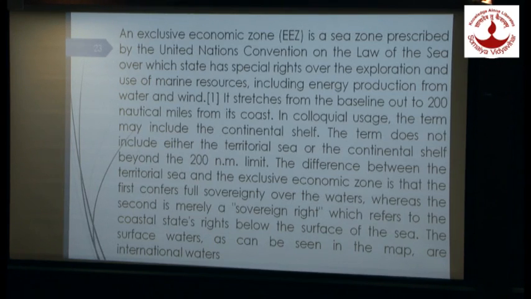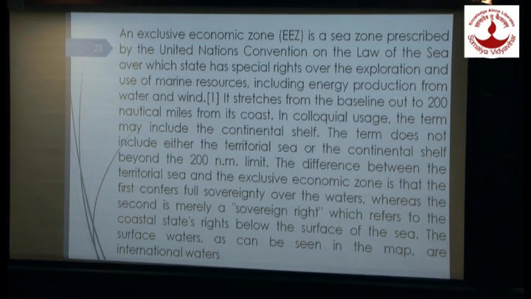And I told you, this continental shelf area has got a lot of natural resources. There could be minerals, there could be oil, there could be a vast variety of fish which can be exploited. So economically, this region becomes very, very viable for us.